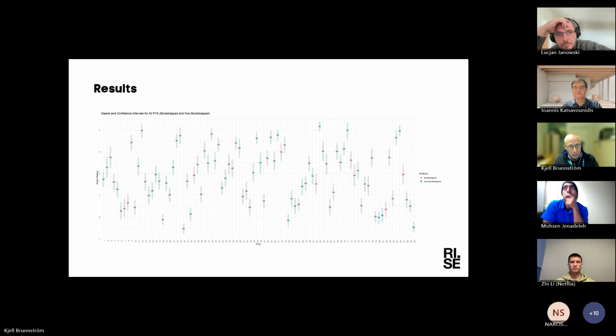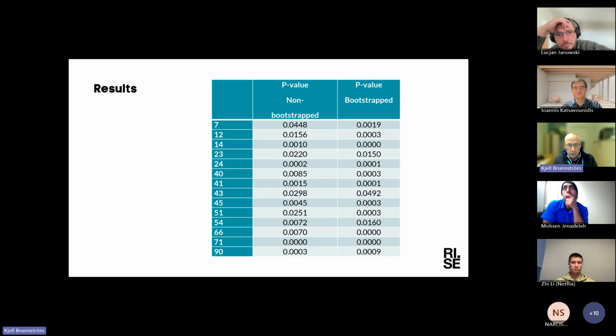And also, what was a little bit interesting, I would say, was that you would imagine, at least naively, that if you bootstrap something that has been tested to be normal to start with, you would get something that was normal after the bootstrapping operation. But in several of the tests I tested, the p-value from the hypothesis test was actually lower after the bootstrapping than before the bootstrapping.